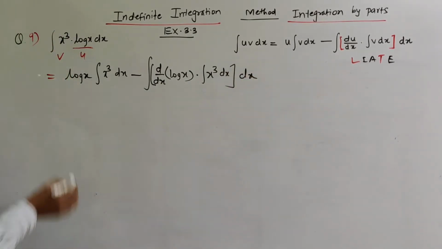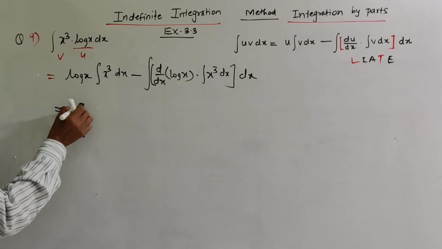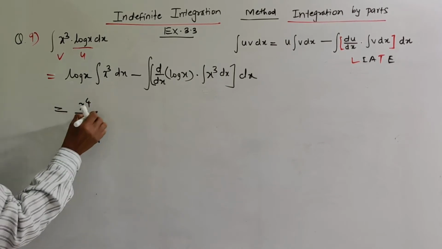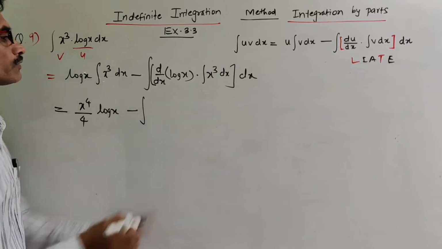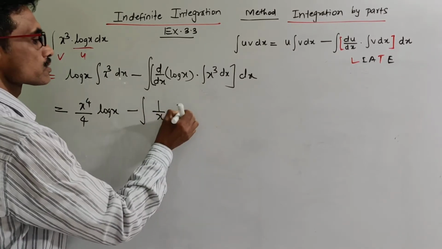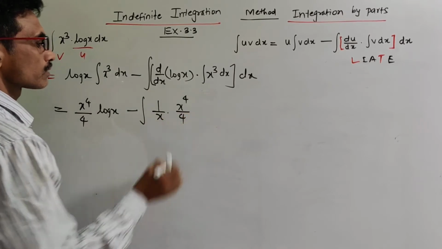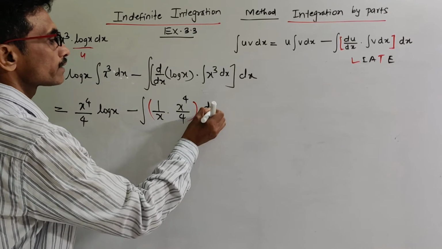Then x cube integration is x to the power 4 upon 4 log of x minus integration of derivative of log x, 1 by x, and this x to the power 4 upon 4, and again integration of that.